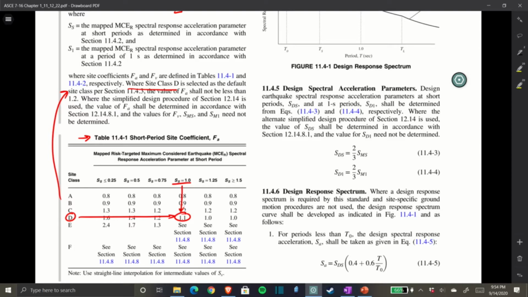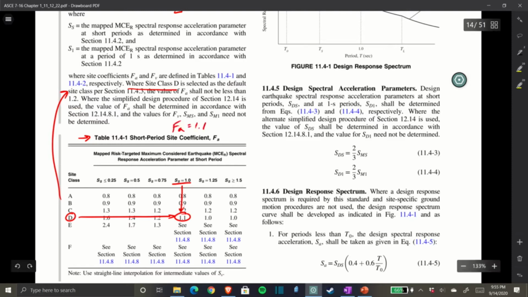You'd think you needed to use 1.2 instead of 1.1, but here's an even more of a screwball for you. It says if it was selected as the default site class. So in this problem, we're going to say that it's known through geotechnical analysis. It wasn't just the default because of unknown information. So we're going to continue to use 1.1 for FA.